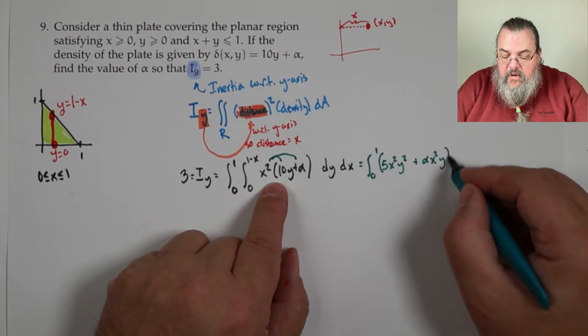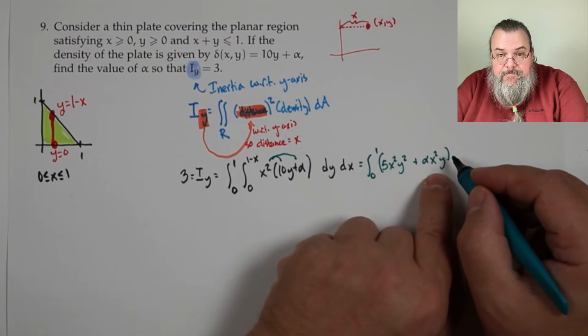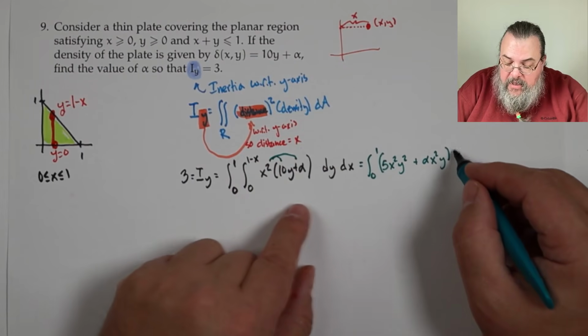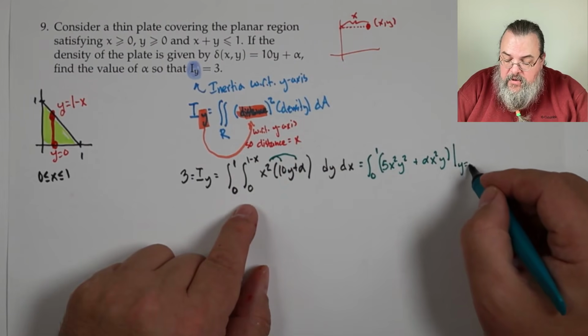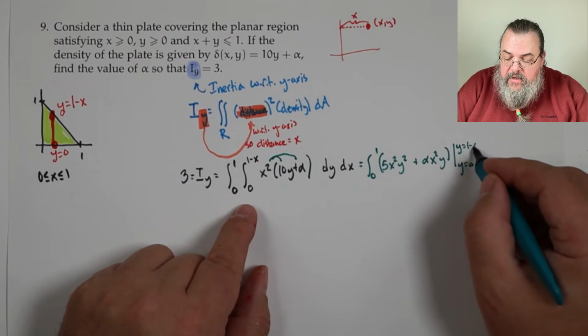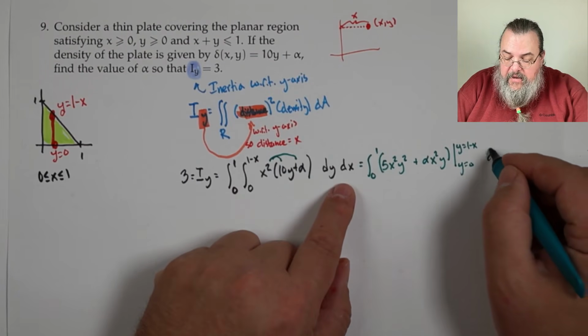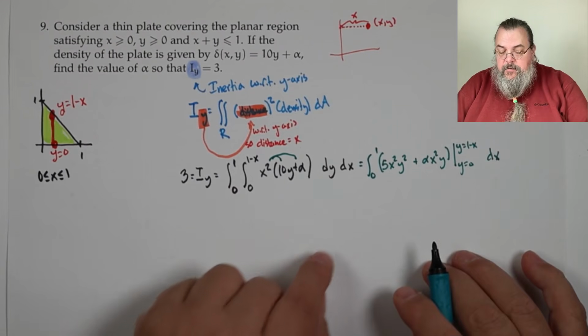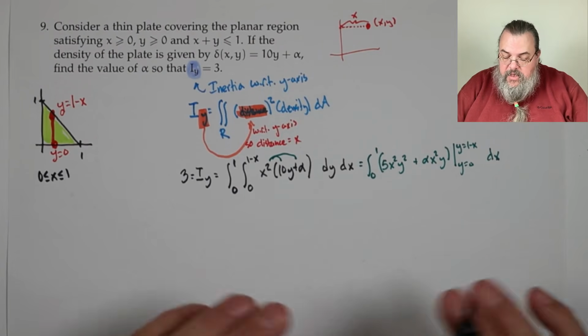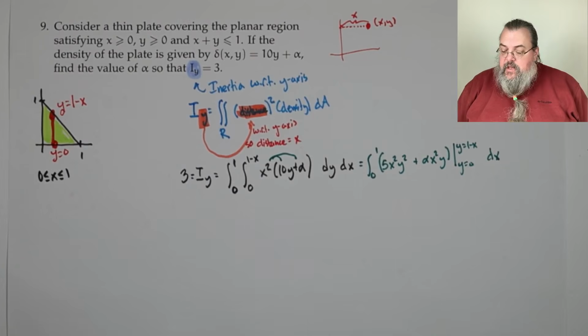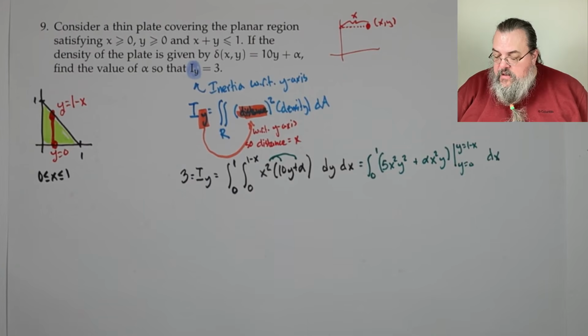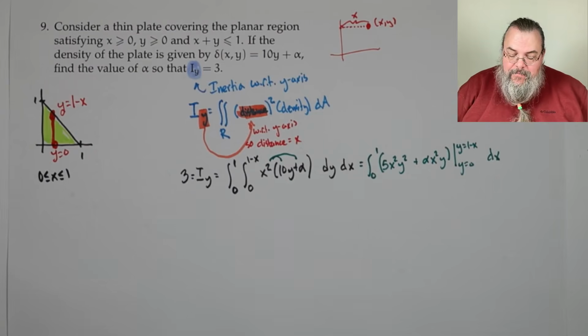So that's distribute, integrate. Evaluate that from y equals 0 to y equals 1 minus x, and then we're going to integrate that with respect to x. It's okay to take a second and make sure you didn't miss a silly thing, because that happens a lot. I know I sometimes do that.